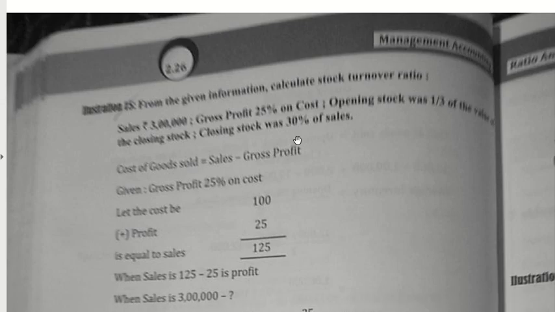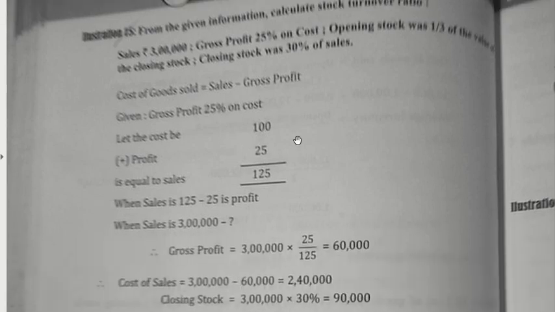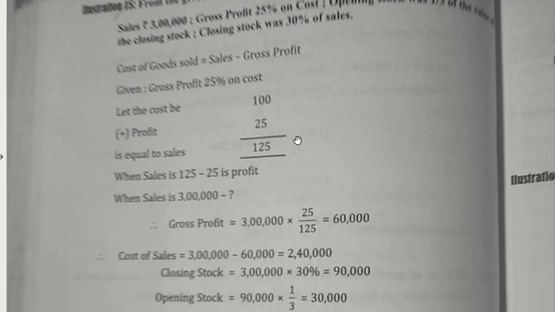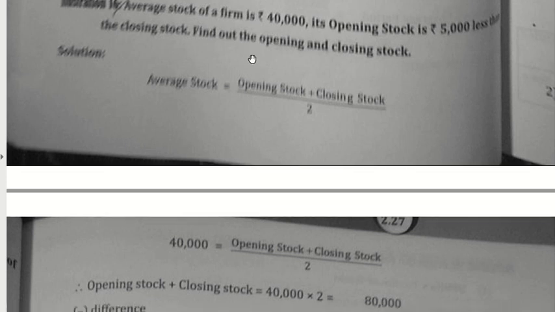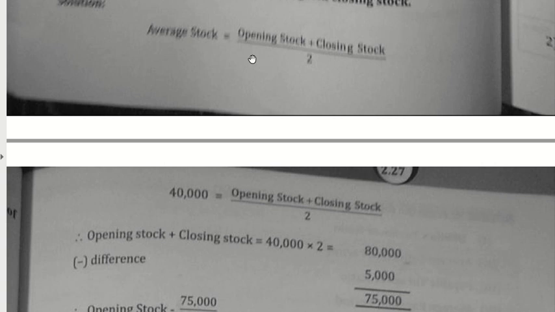So moving on to our next question, which is: average stock of a firm is 40,000. Its opening stock they have given 5,000 less than the closing stock. Find the opening and closing stock. So what is the formula that you will use? Average stock is equal to opening stock plus closing stock divided by 2.